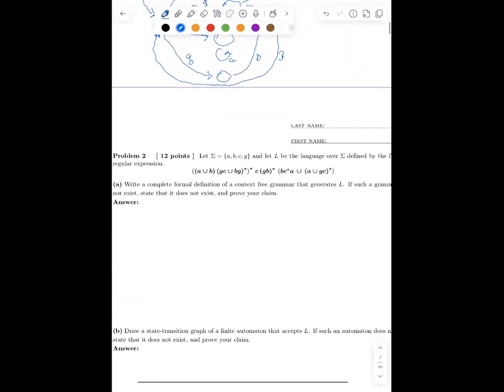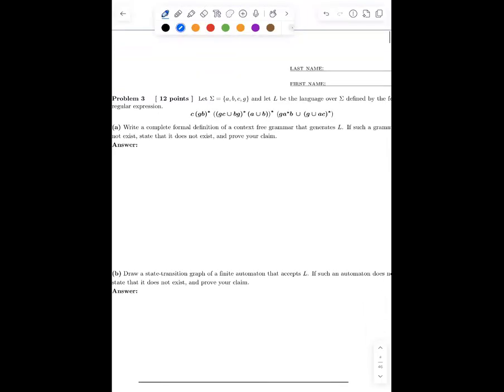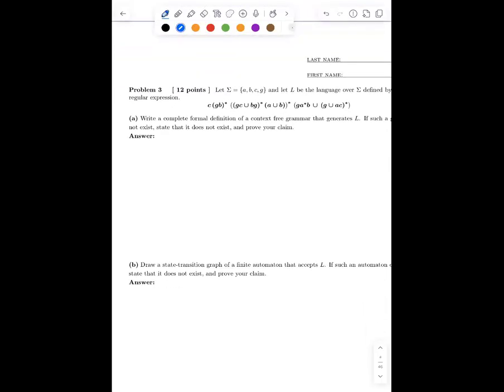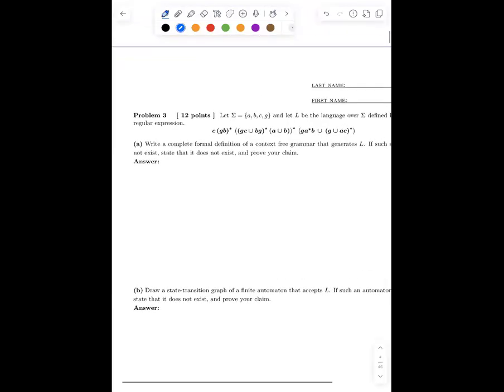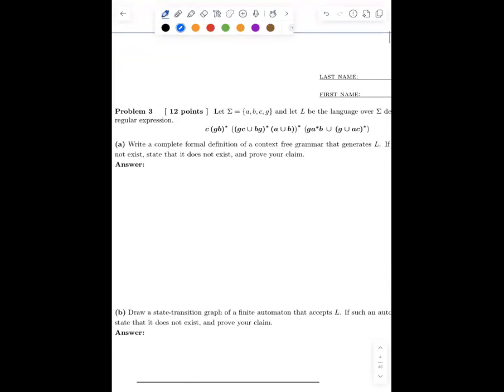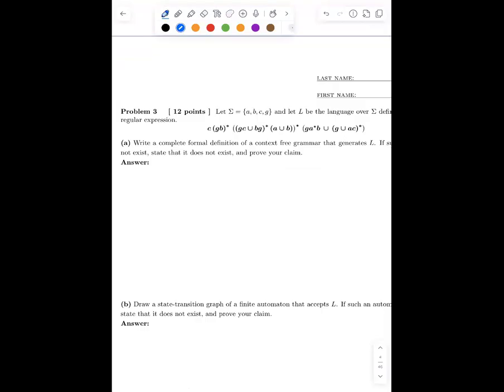So let's move on with the third exercise. Again, I see that this whole thing starts with my C, but I still need to write my G is equal to V, sigma, P and S. Make sure to always write it.